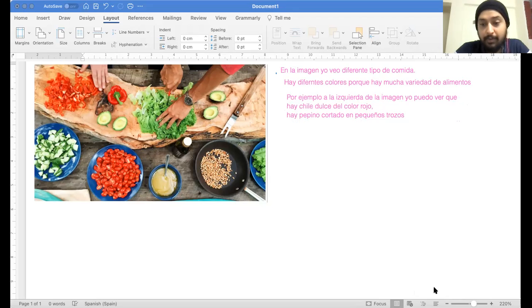This was about the left part. Now, a la derecha de la imagen puedo ver que hay un plato del color azul y en el plato hay lechuga.